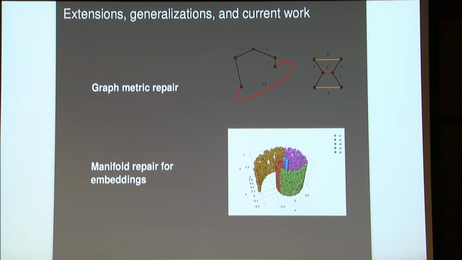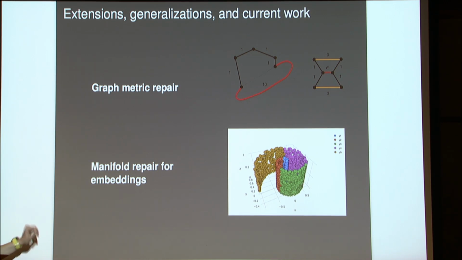We have approximation algorithms for increase-only metric repair. The approximation factors are parameterized by a couple of different graph quantities. One of them, the length of the longest broken cycle. One of them, the size of the most broken cycle.